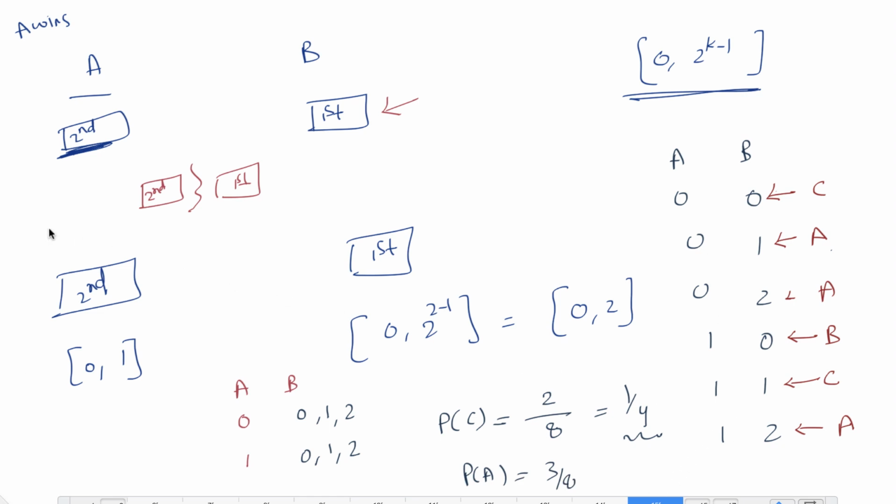So the probability of collision will be 2 by 6, which is 1 by 3, and A winning will be 3 by 6, which is just 1 by 2, right? And the probability of B winning will be 1 by 6, right? So these are the probability of collision, A winning and B winning.